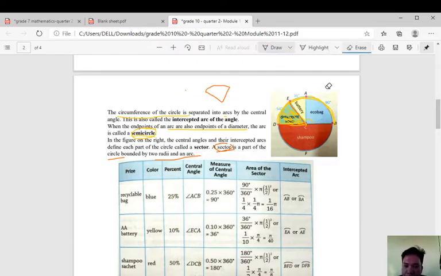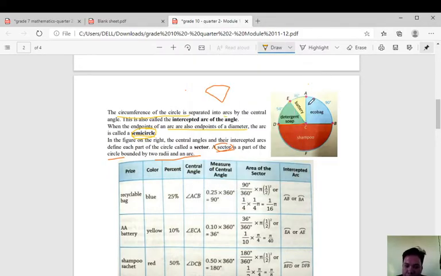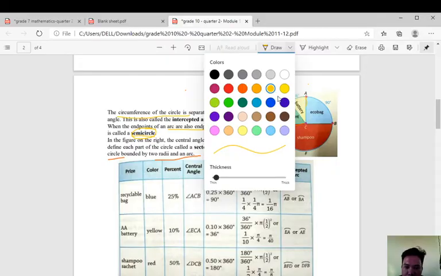Let me erase this. So this is the eco bag part. Let me change the color, I think this is better.